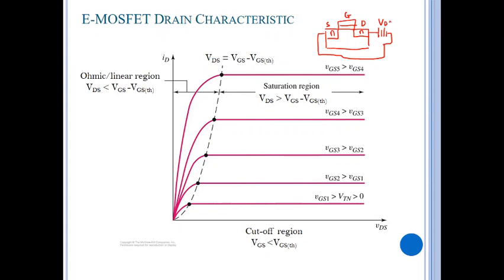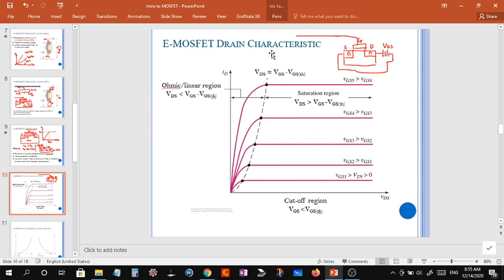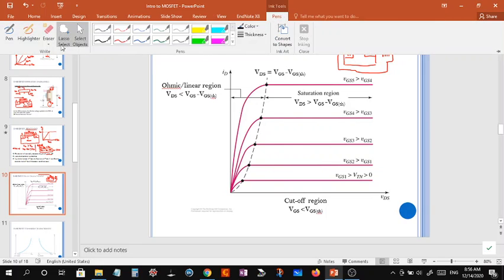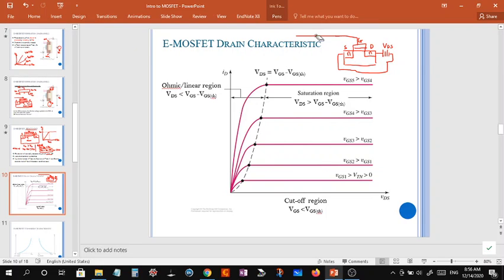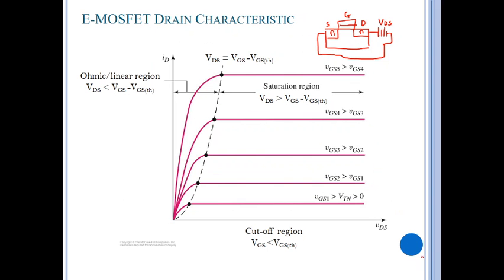This is VDS here, the applied voltage across the drain and source, and VGS here is the applied voltage at the gate with respect to the source. So this is VGS here.